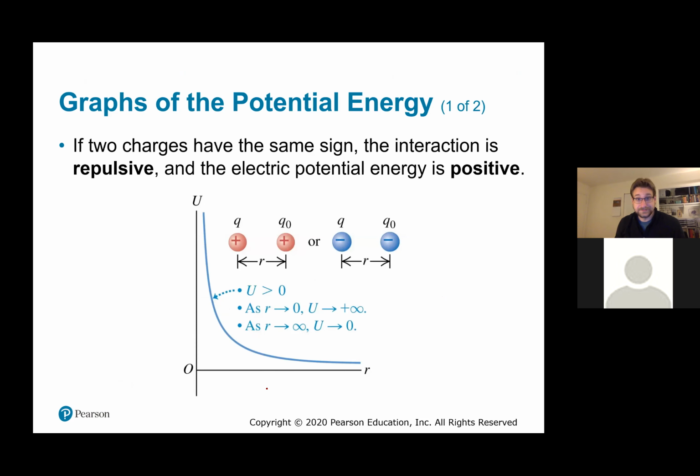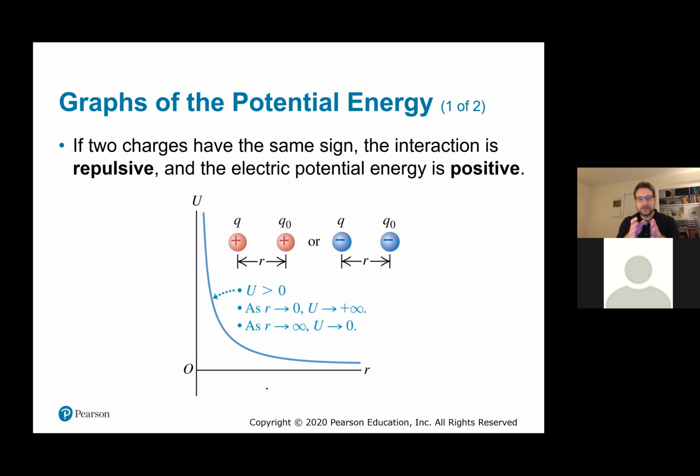We have some pictures. If we're talking about like charges, then think back to when we discussed in 231 the van der Waals forces and the oscillations of a molecule.